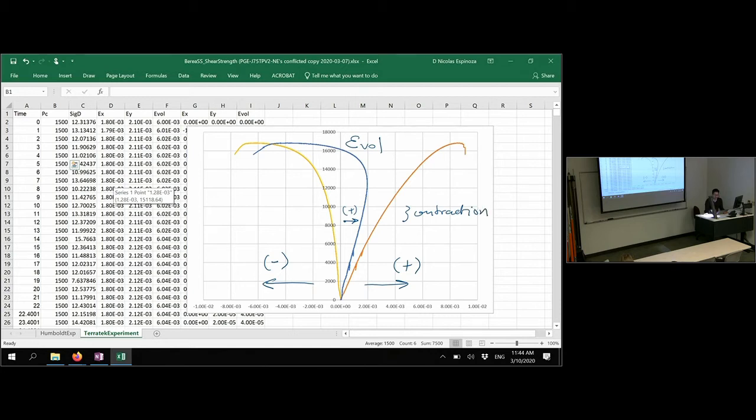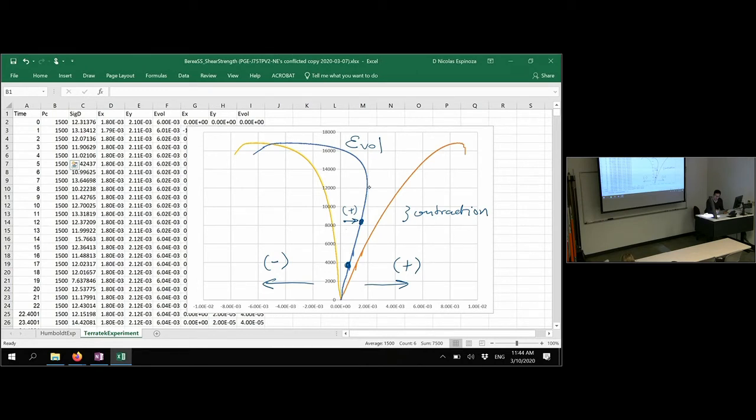So if I compare, let's say, this point over here and that point over there, going from 4,000 psi to 8,000 deviatoric stress, I know there was a contraction of the rock because it went to the right.